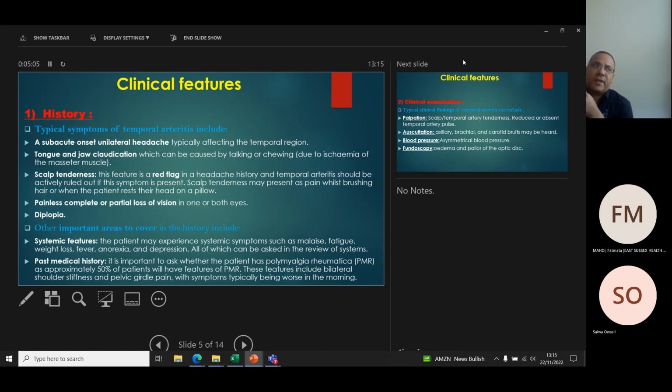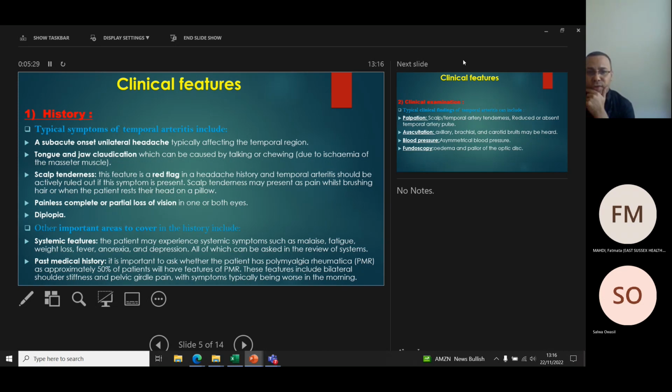Subacute means that it started gradually within a couple of weeks and is getting worse or on and off. Of course, a generalized headache doesn't rule out temporal arthritis. But in most cases, it is a unilateral, subacute headache that started within a couple of weeks, coming on and off or getting worse with time.